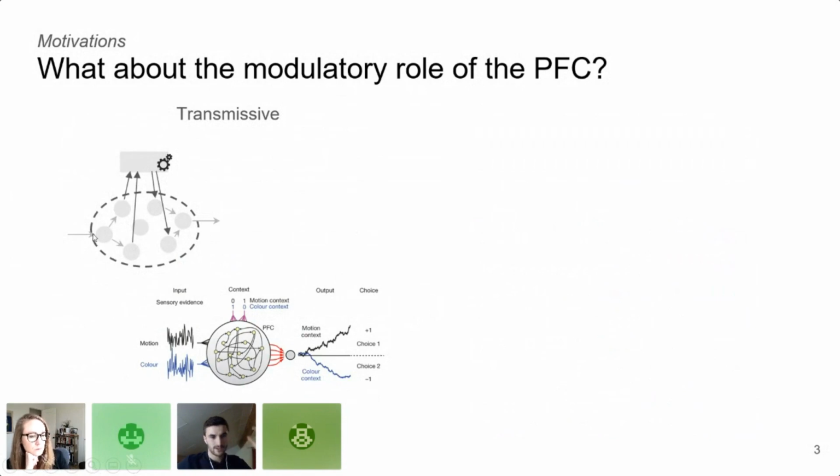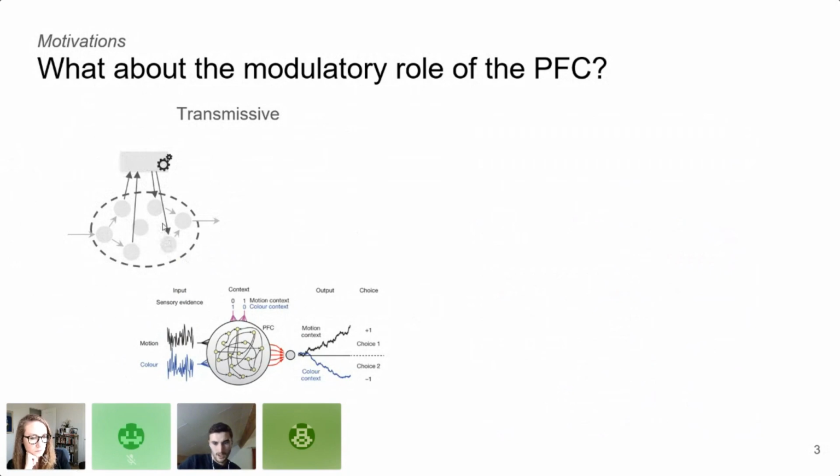Some of these areas are receiving the sensory inputs and others are producing the motor outputs. In the case where the PFC has a transmissive role, it is directly computing the task response from the sensory information that it gets from the sensory areas. And then it transmits back the response to other areas so that they can produce the correct behavior.